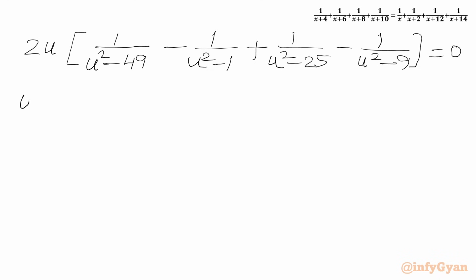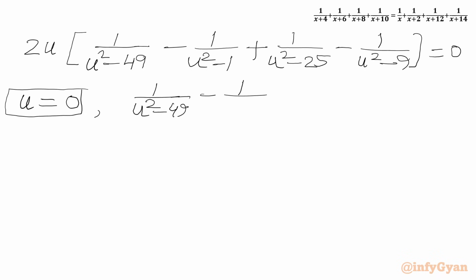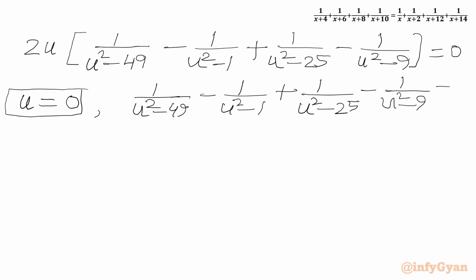So we will write either u equal to 0 or 1 over u square minus 49 minus 1 over u square minus 1 plus 1 over u square minus 25 minus 1 over u square minus 9 equal to 0.